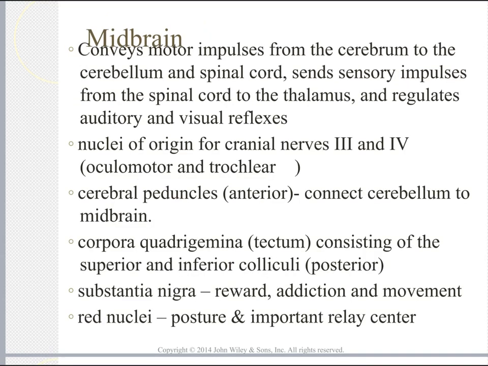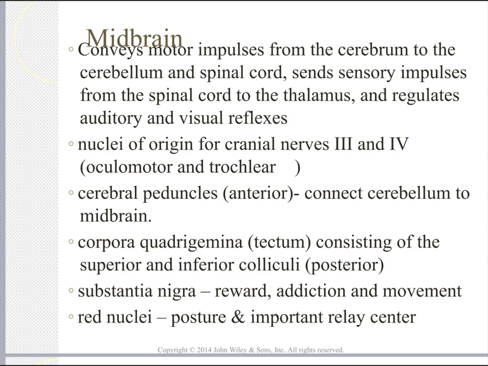So now that we looked at the parts, let's see the functions of the midbrain. It's going to move motor impulses from the cerebrum to the cerebellum and the spinal cord. It sends sensory impulses from the spinal cord to the thalamus and regulates auditory and visual reflexes. Remember those corpora quadrigemina? Well, here they are.